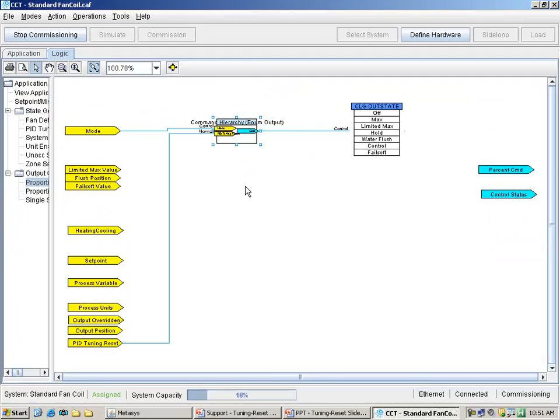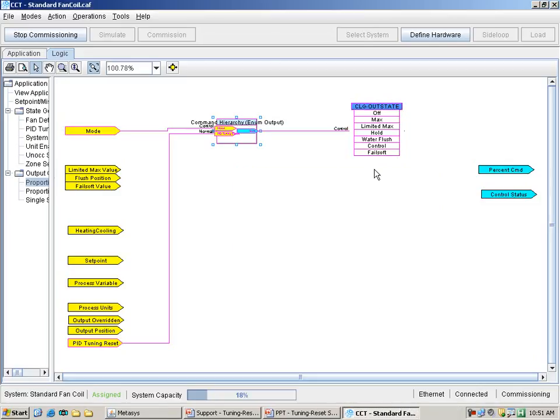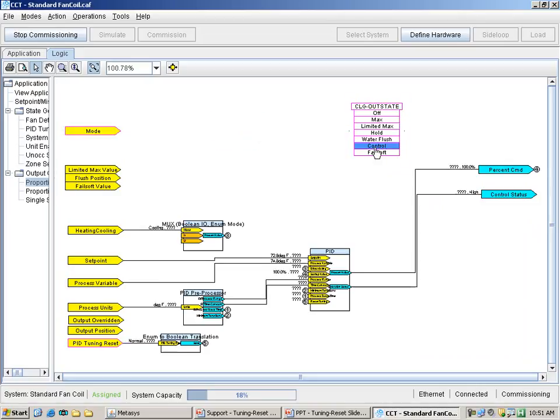Here's the logic for proportional cooling. Here's the PID tuning reset connector. And let's take a look at the command hierarchy block right now. And we'll see that it is currently in control mode. And the state is in control. Therefore, the PID is actually doing its function.